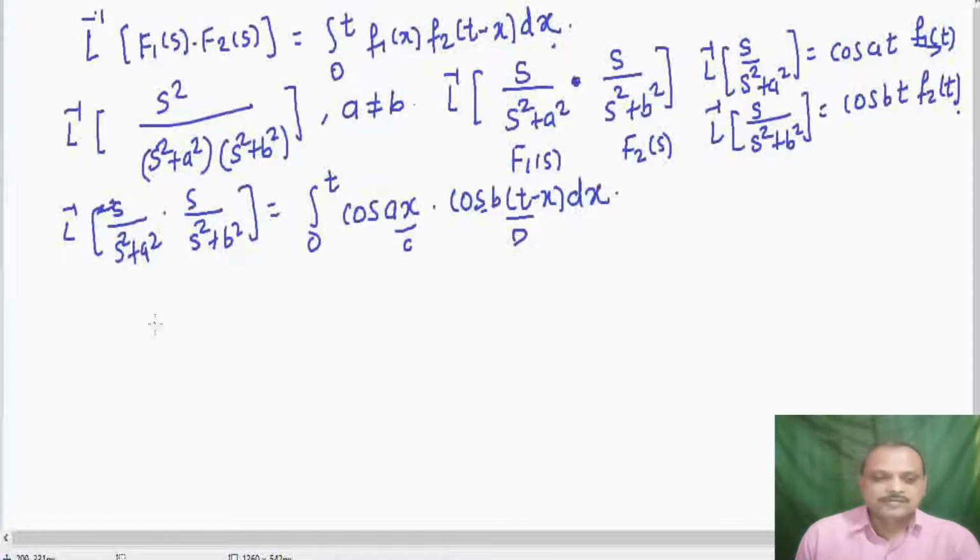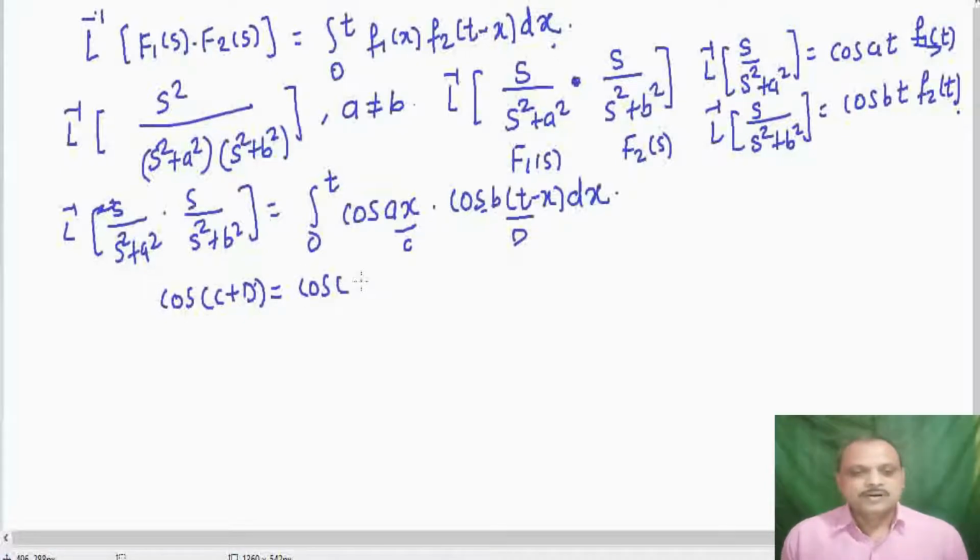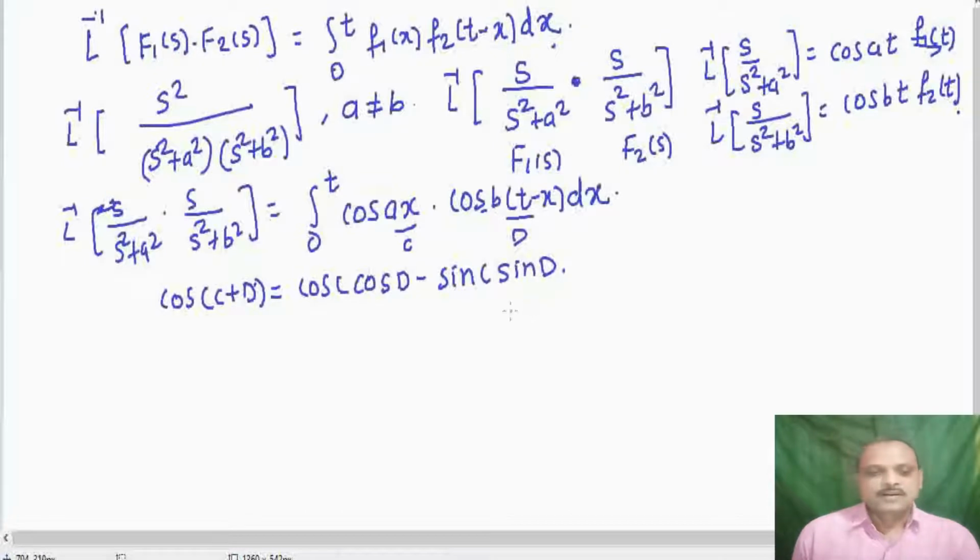Then cos of (c plus d) equals cos c into cos d minus sine c into sine d, and cos of (c minus d) equals cos c into cos d plus sine c into sine d.